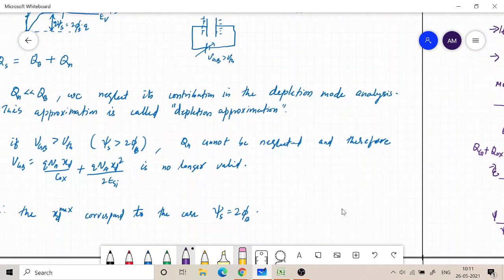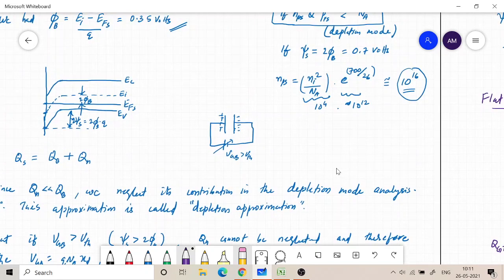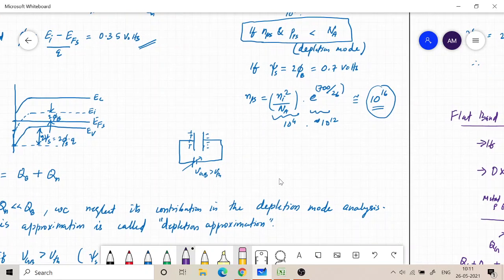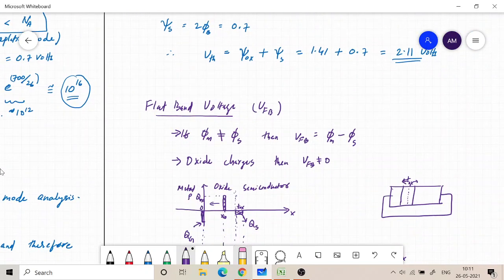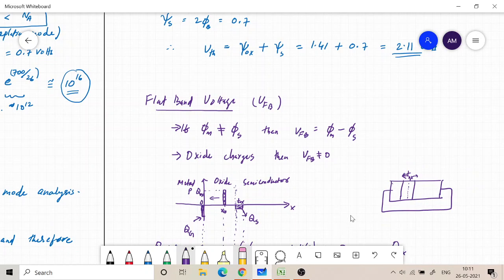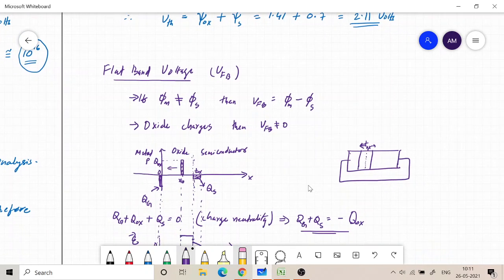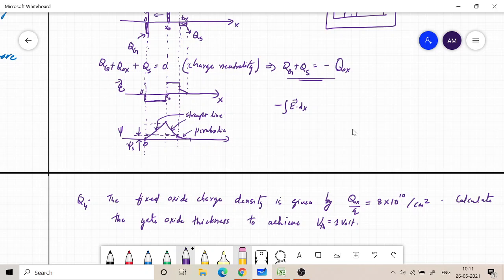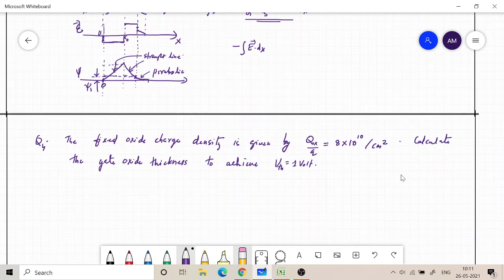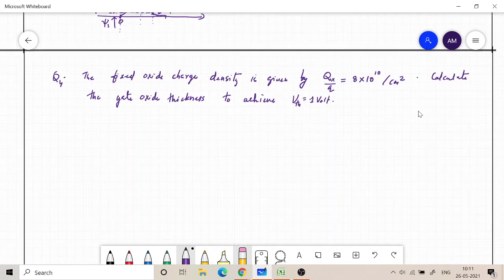Earlier we got 2.11 as our threshold voltage. Now we want it to be 1 volt. So if you want the threshold voltage to become 1 volt, the question is how much thickness we need to take for the oxide region.